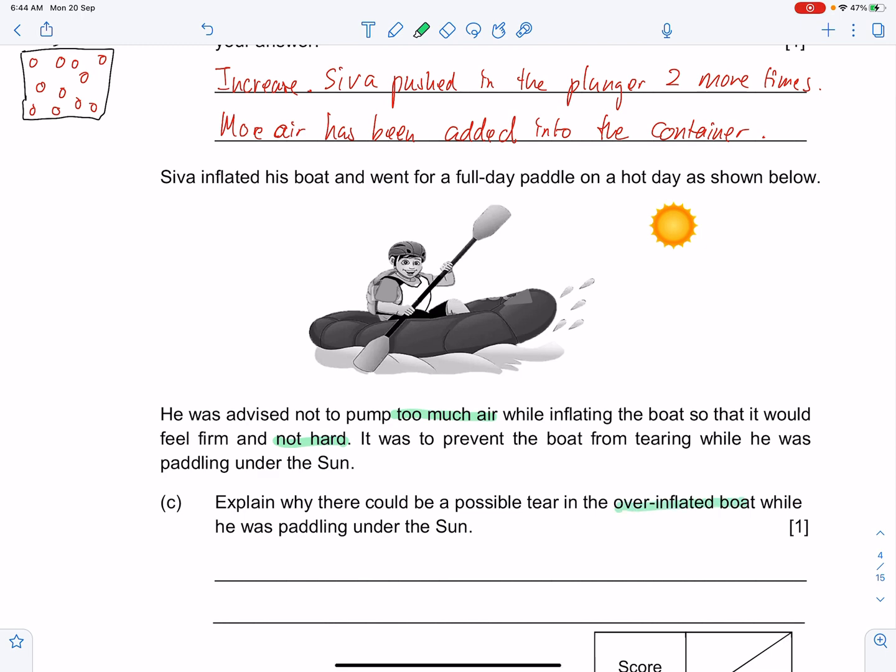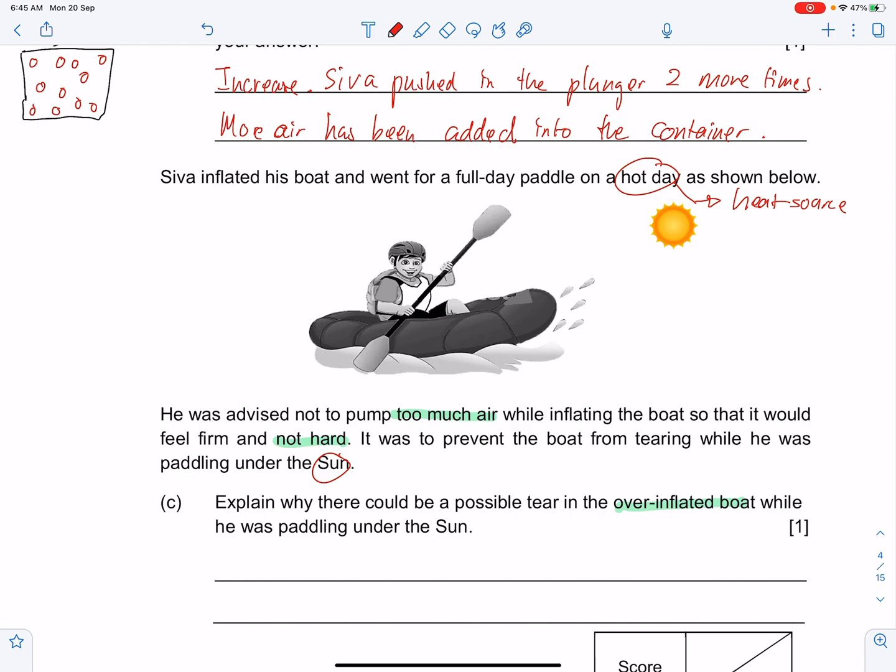So in this question, they are actually testing you on the concept of expansion, right? So what are some of the hints? Hot day, sun, all this would point to a heat source of some sort. And then you would know that if your air expands, it will need to occupy more space.